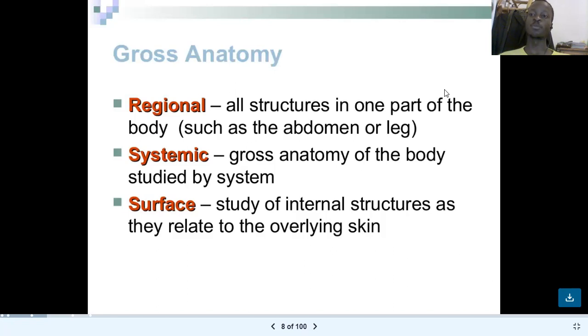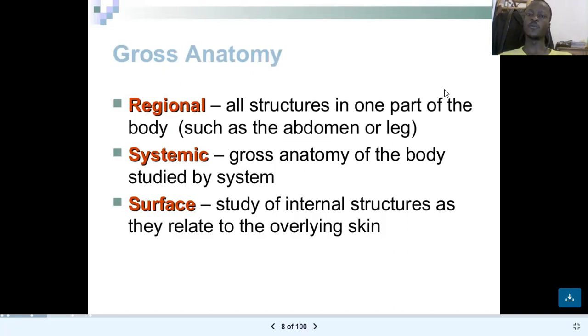For example, we can say that the oblique fissure of the lung follows a course that starts from the root of the angle of the scapula all the way anteriorly to the level of the 6th costochondral junction. That's surface anatomy. Or we can even look at things like the transverse ridge of the sternal angle.